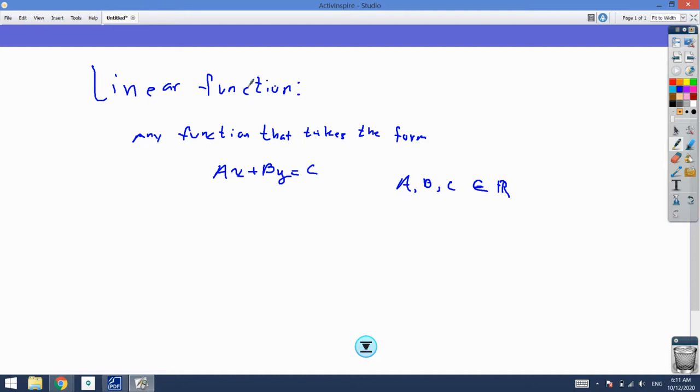And what that makes is a nice graph, a nice straight line from wherever your form is.